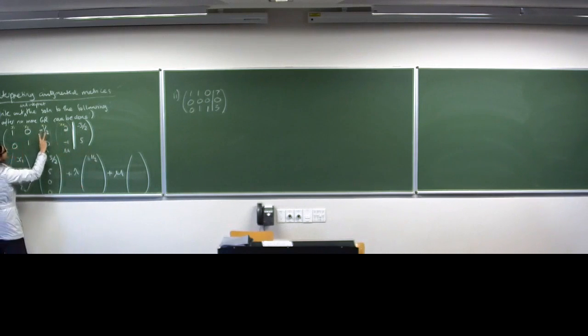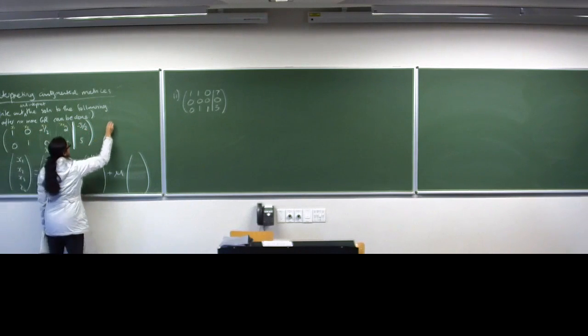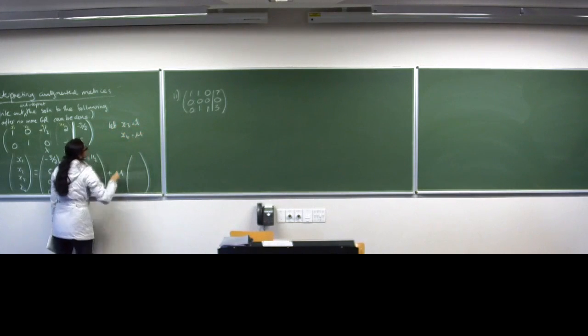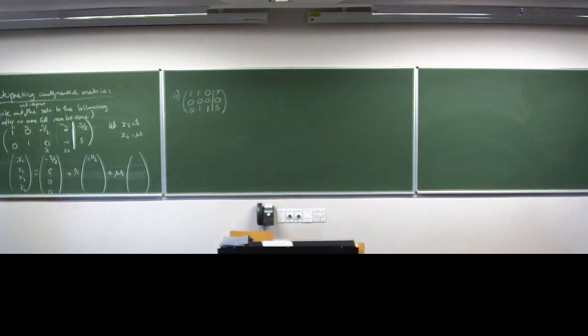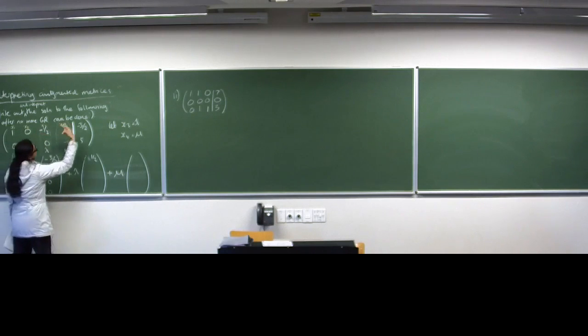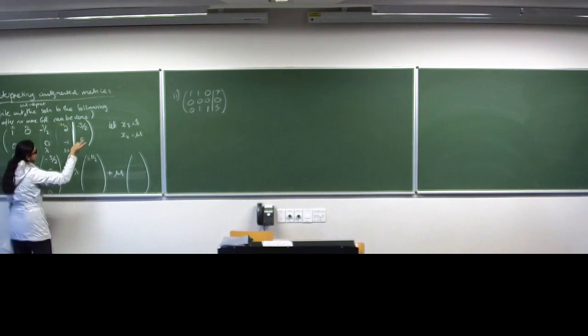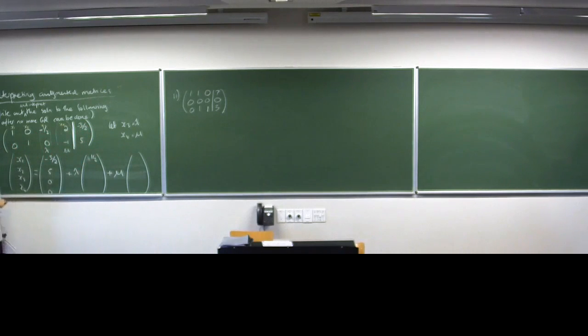Let x3 equal lambda and x4 equal mu. So x1 minus a half x3 goes onto the other side and becomes plus a half x3. But x3 is equal to lambda, and so it's plus a half lambda.